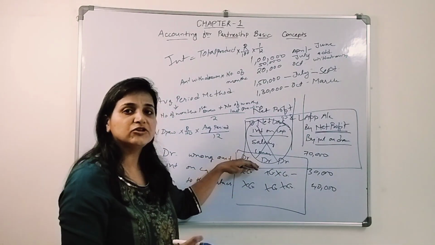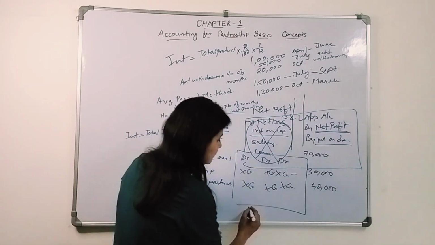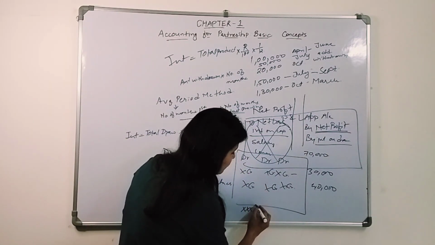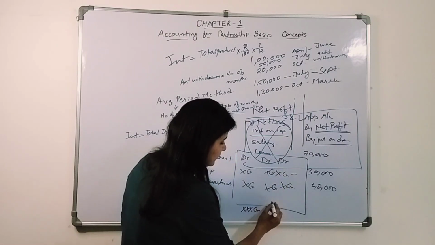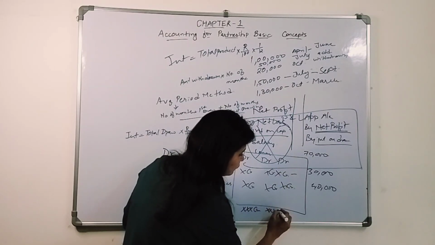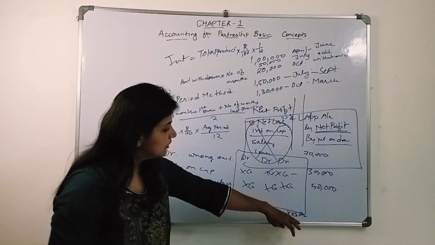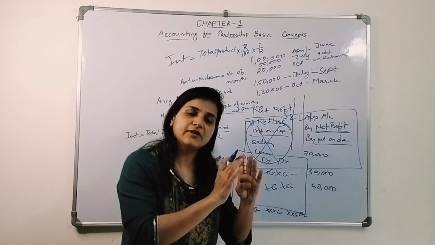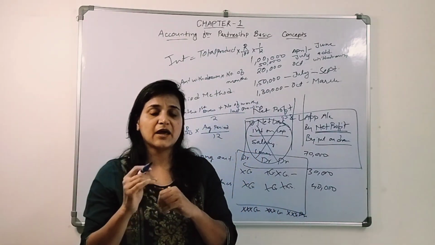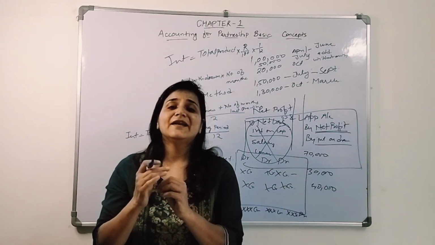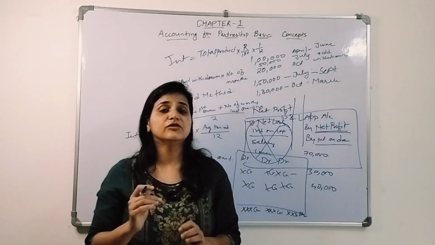Where the amount is short on the credit side, you need to write that much amount to be debited, and where it is more, it has to be credited. So the third partner's account will be debited and the other two partners' capital accounts will be credited. This is the net effect which you will show in the books.